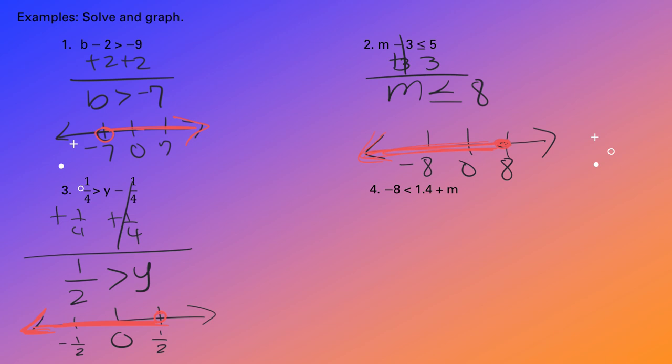It's basically the same thing as our equations. We're just isolating our variables, correct? This is the one-step equation. Eventually, we're going to get into multi-step. What do I do in number 4? Subtract 1.4 to our negative 8.